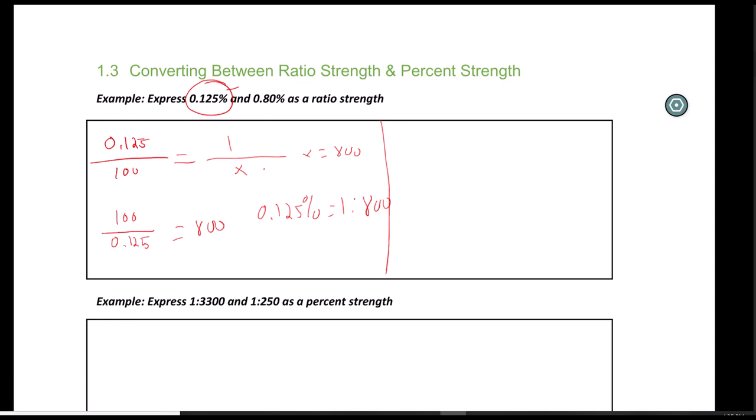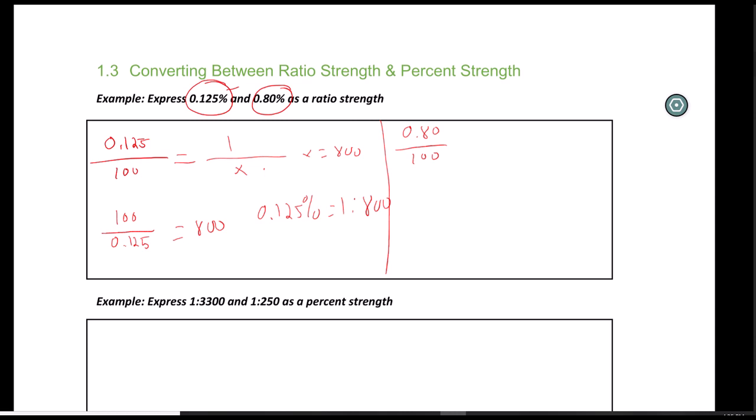I'm going to do the same thing again with 0.80% as a ratio strength. I want you to understand where the number comes from, but you can always take, so in other words, you know that it's 0.8 in 100, right? Meaning there's 0.8 grams or 0.8 mLs in 100 grams or 100 mLs of a product.